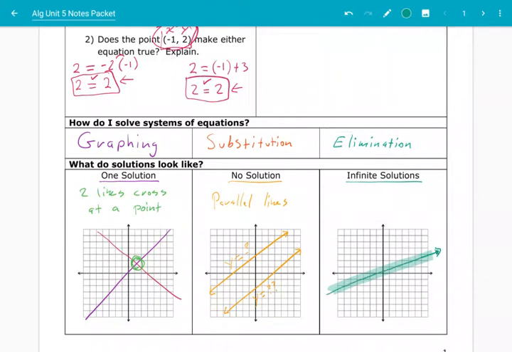They're on top of each other, basically. Infinite solutions means we have the same line. So we might have two equations, but it turns out that they're both the same equation. They're just in different forms. Remember, we can have different forms of the same equation. Okay, so let's keep on going.